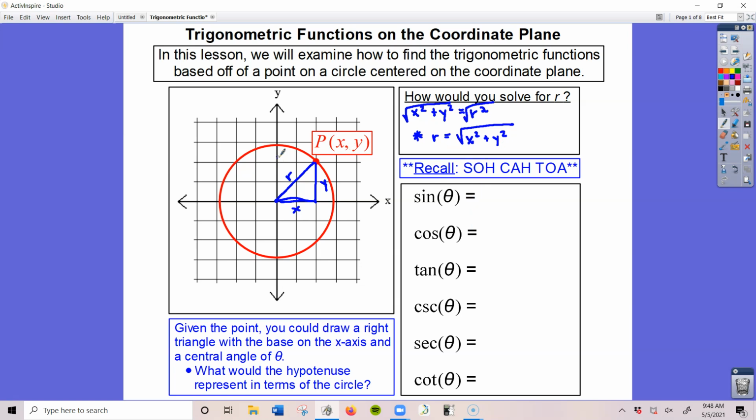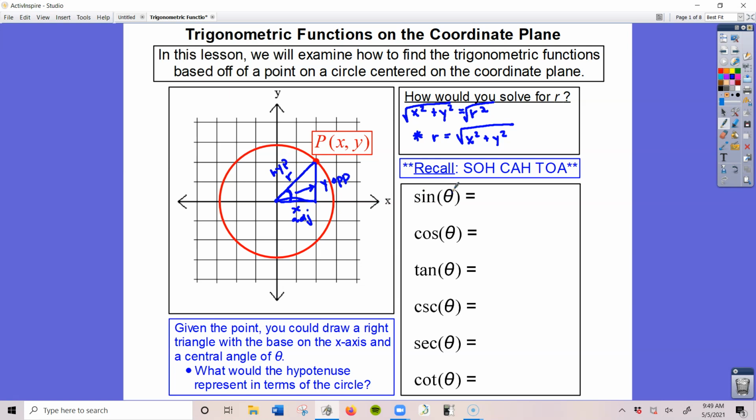Now, once we know all lengths of the triangle, we can figure out all of the values for our trigonometric functions. Our angle is called the central angle, meaning the angle that comes from the center of the circle, the one marked here. The y is the opposite side, the x is the adjacent, and the diagonal is the hypotenuse.